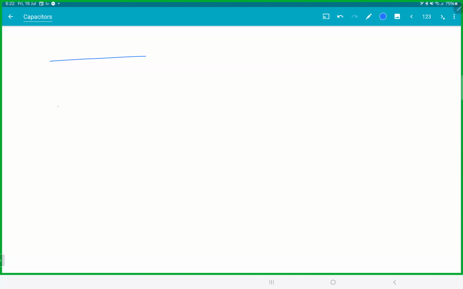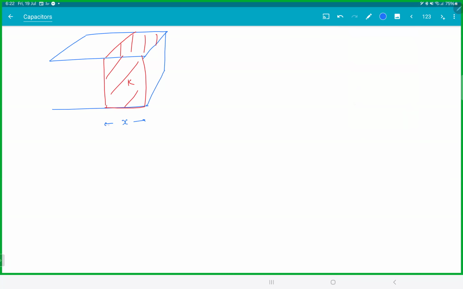I just want to help with the diagram. This is how it looks. So this part is filled with slab, basically. But I'm just asking for the capacitance. So this would be x, and this would be L minus x. This would be B, and this is d. This is easy. Both will be in parallel. Try. I'll give you a minute or two.